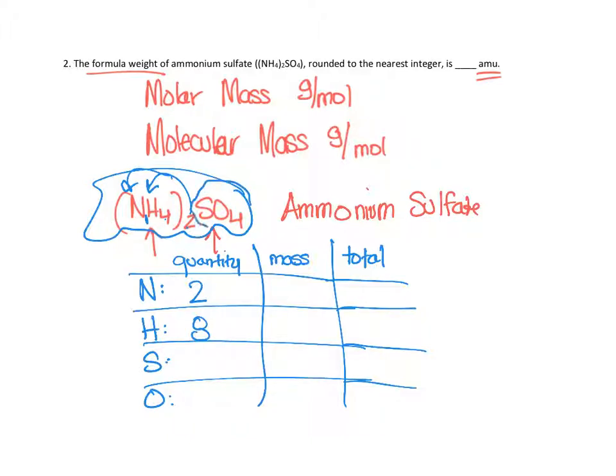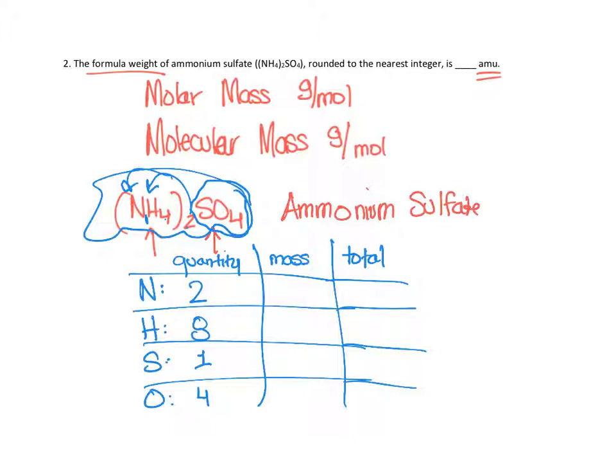Well, the sulfate, the SO4, doesn't have parentheses. It doesn't have any extra numbers on the outside. So there is truly just 1 sulfur from inside the sulfate ion, so 1 total in this molecule. And then oxygen, again, there's not parentheses with an extra quantity, so it's just O4, so my quantity is 4.